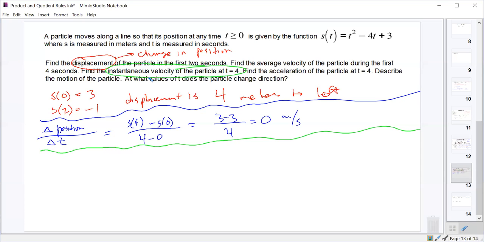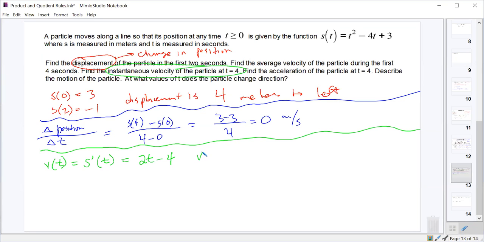And so this is where we need a velocity function. We need to know what is v of t so that we can evaluate it at exactly t equals 4. So v of t should be the derivative of our position function, s prime of t. And what does that equal? 2t minus 4. 2t minus 4, easy enough, right?